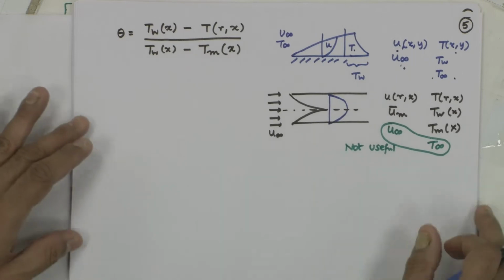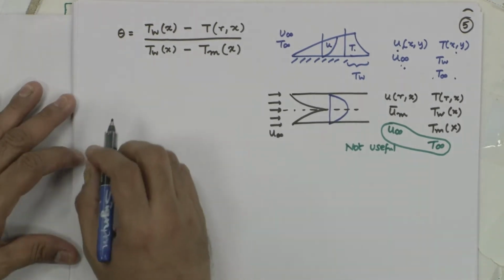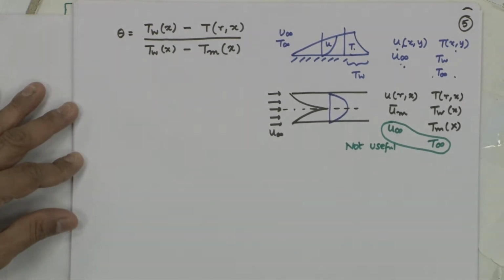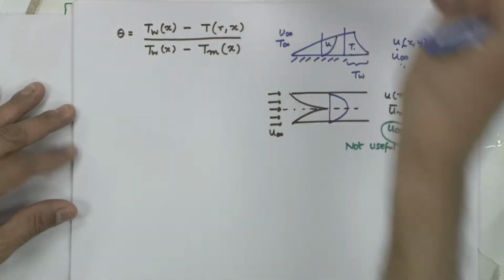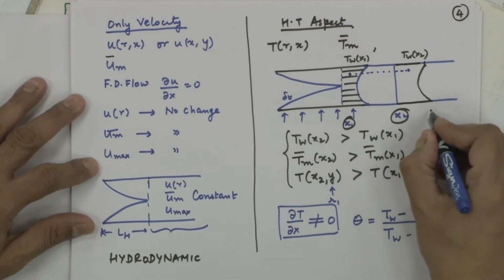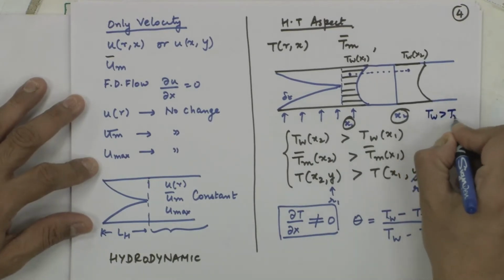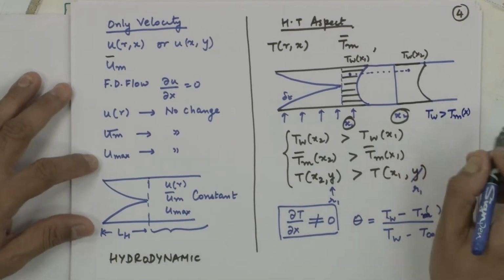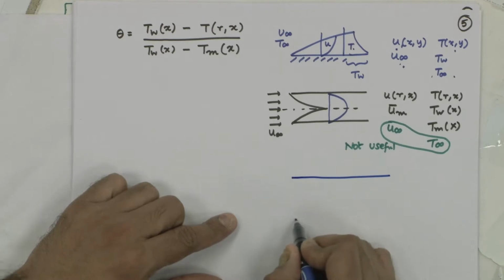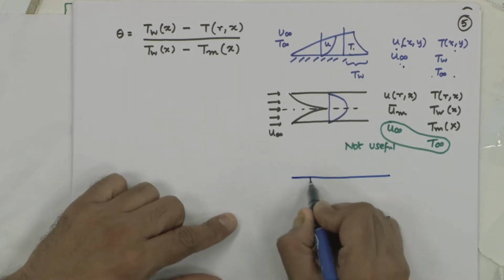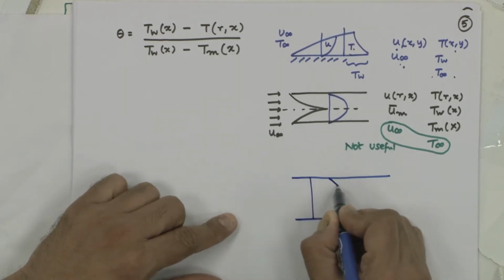Now, if we take a look at this thermally fully developed condition, I have drawn this diagram with T wall greater than T bulk mean. This same thing can be drawn for T wall less than T bulk mean. So, if my fluid is going to get cooled, my temperature profile would be this.